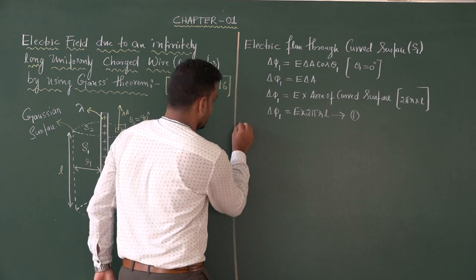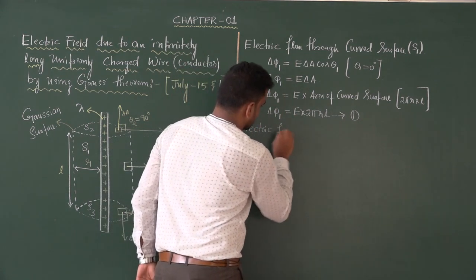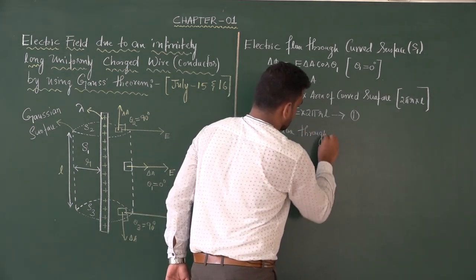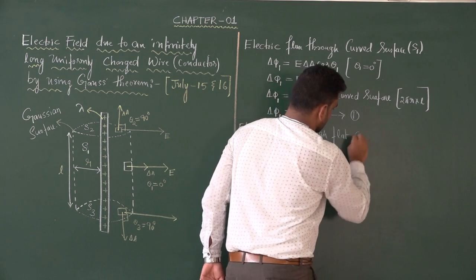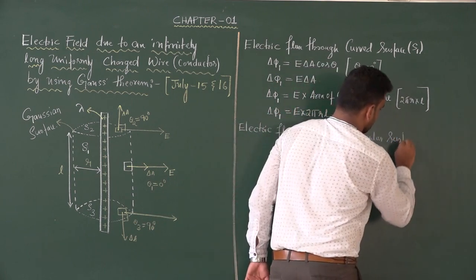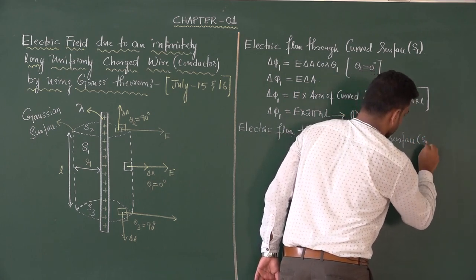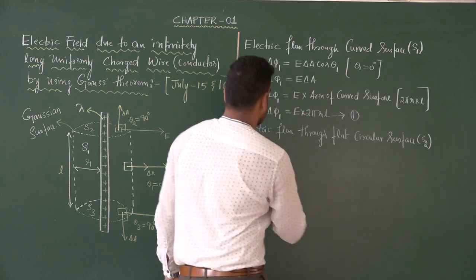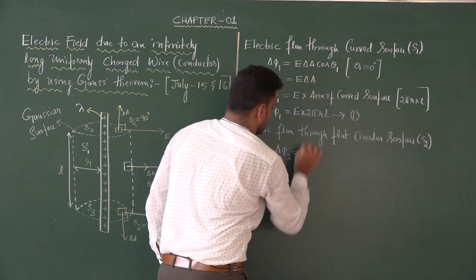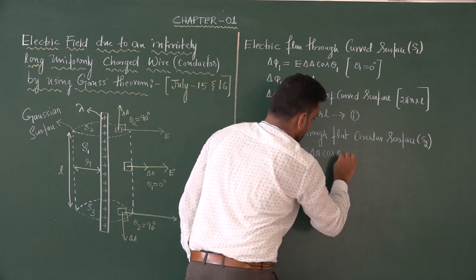Similarly, we are calculating electric flux through the flat circular surface S1, sorry S2. S1 is the curved surface, S2. So for this same equation, delta phi 2 I am giving E into delta A cos theta 2.